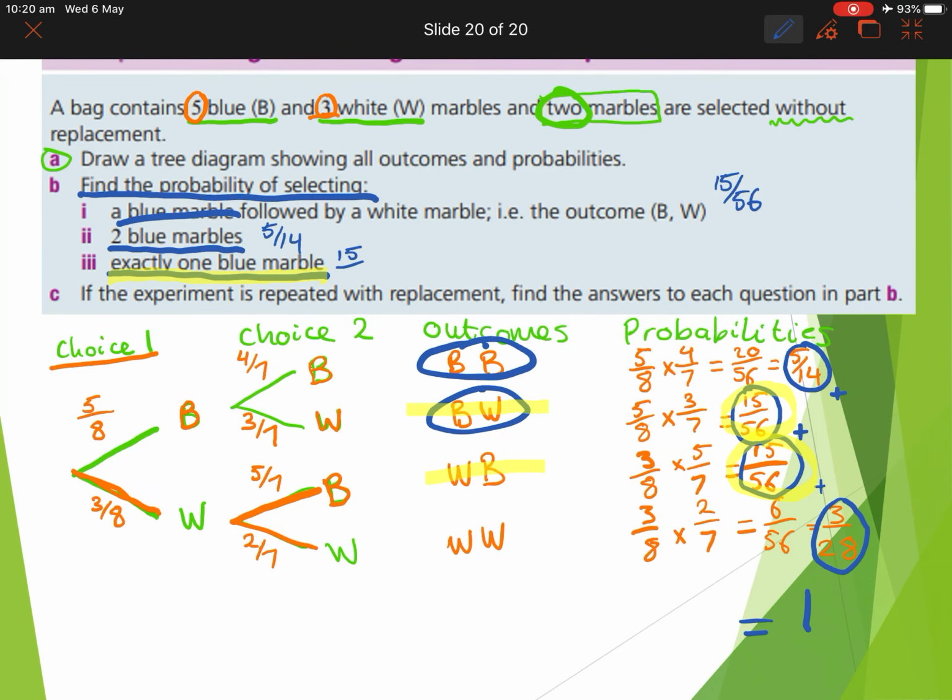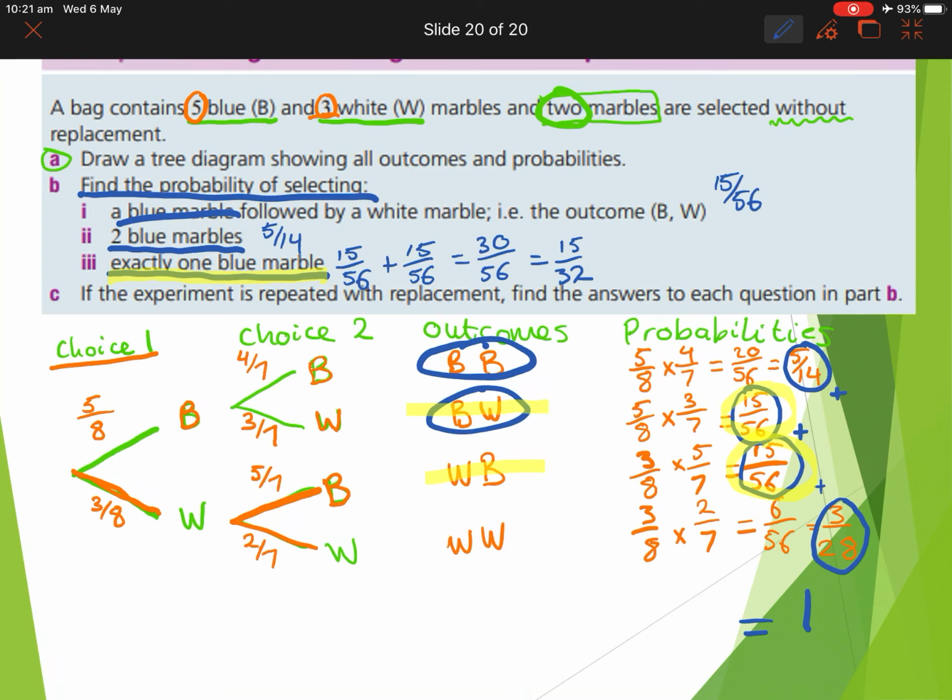So you've got to go 15 over 56 plus 15 over 56, which will equal 30 over 56, which simplifies to 15 over 28.